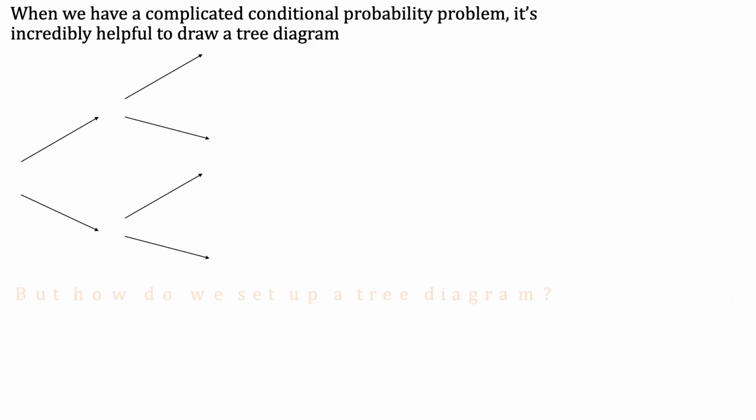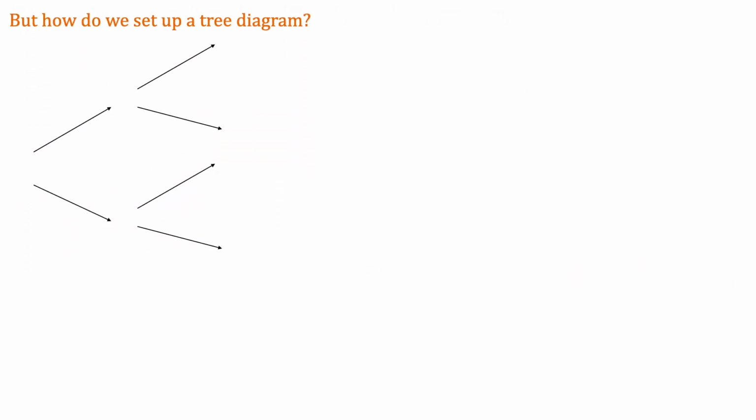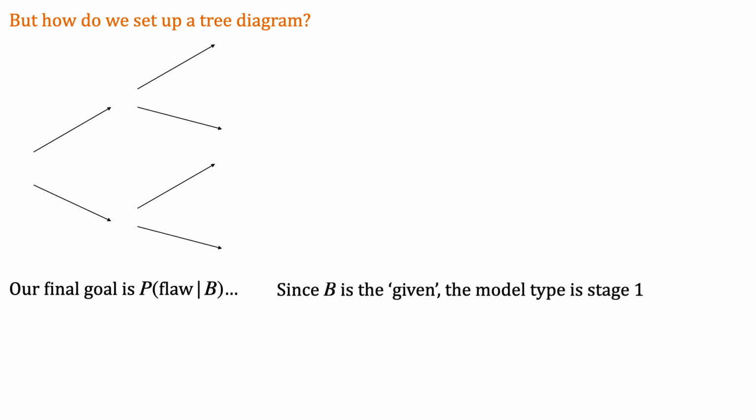How do we set up the tree diagram? Our final goal, like we said a couple of screens ago, is that we want to know the probability of flaw given B. Because B is the first thing, on the right-hand side of the given sign, we know that the first stage of this tree diagram, the first branch, has to be whether it's Model B or Model A. So we say this is stage 1.